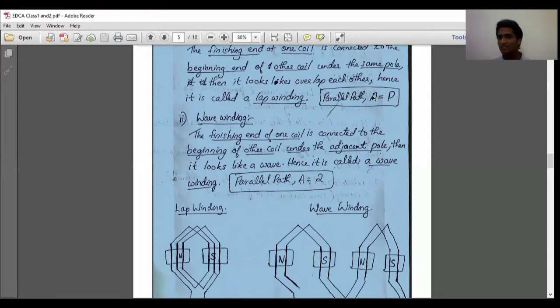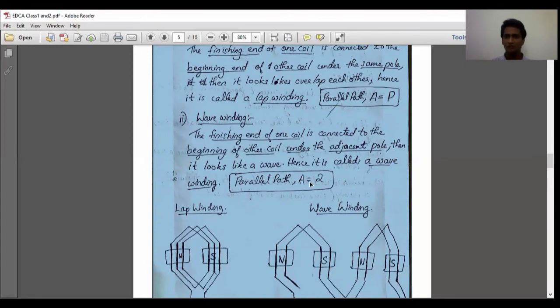The number of parallel paths is equal to the number of poles. And in case of wave winding, the number of parallel paths is equal to 2, always, irrespective of any condition. The number of parallel paths will be 2 if we wind the armature winding in wave shape.